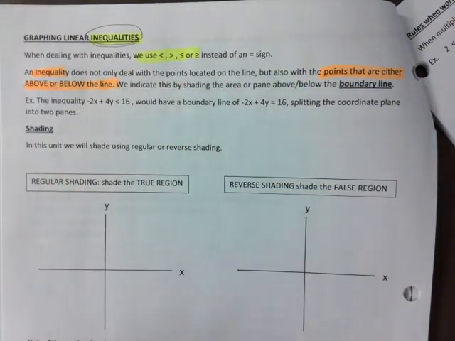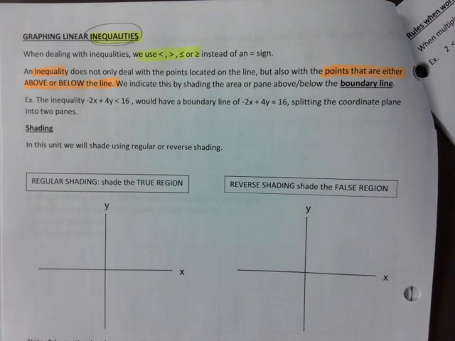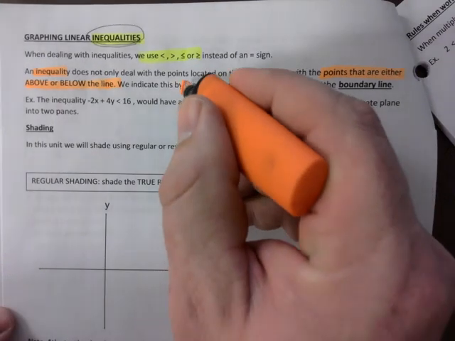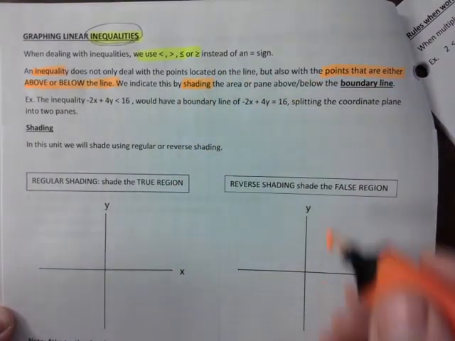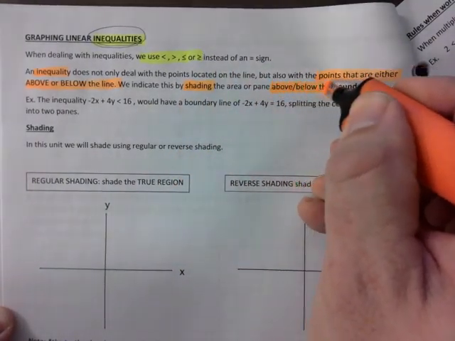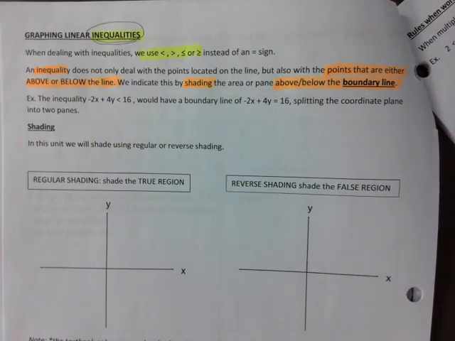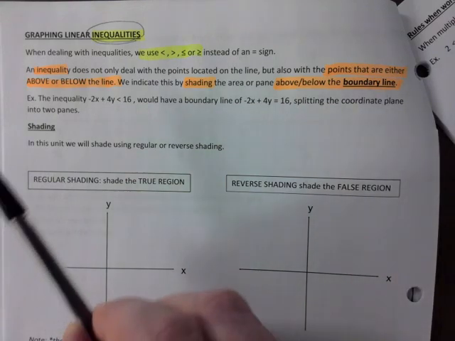That's how an inequality is different. We indicate this by shading, right? So we'll be shading above or below what we call the boundary lines. So those lines that we were graphing, those equations, those are going to be our boundary lines. And so we'll look at that as well.